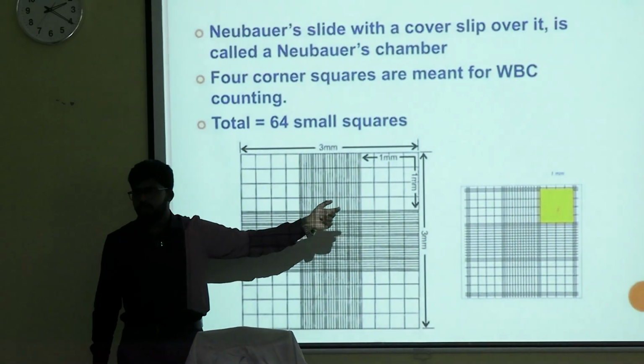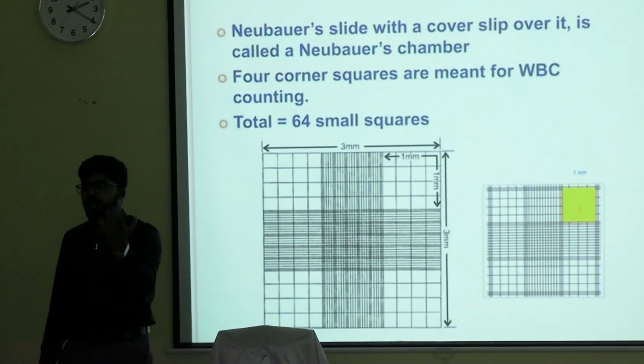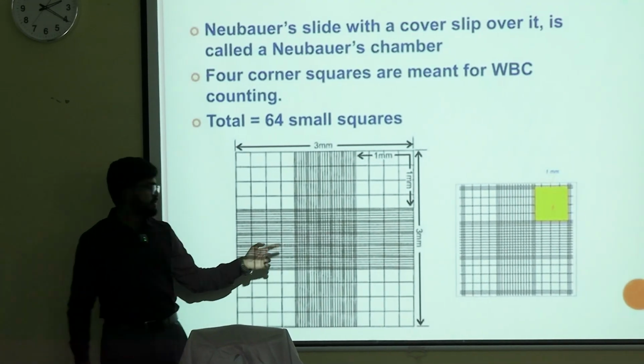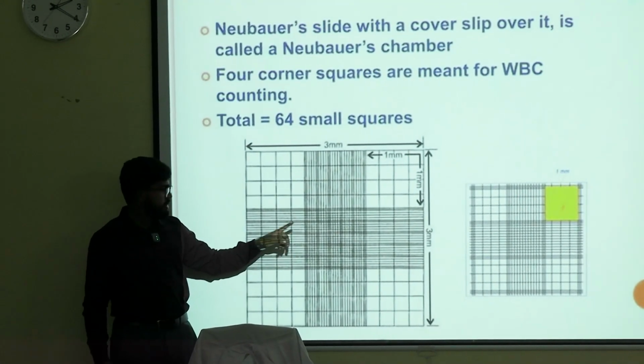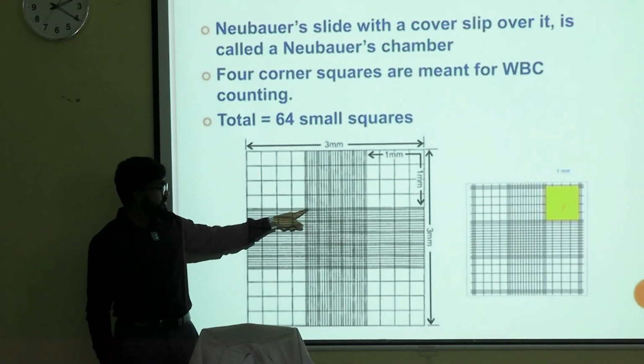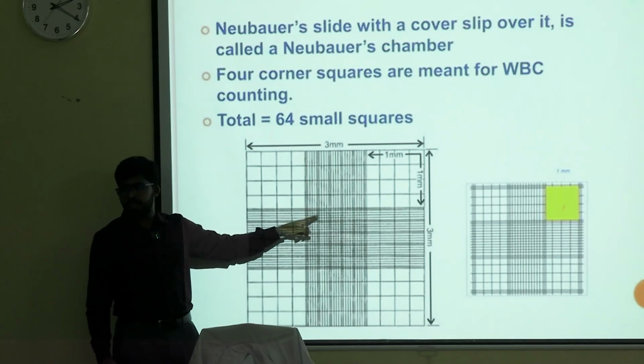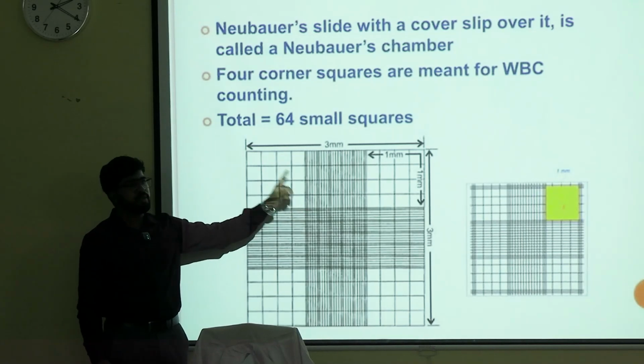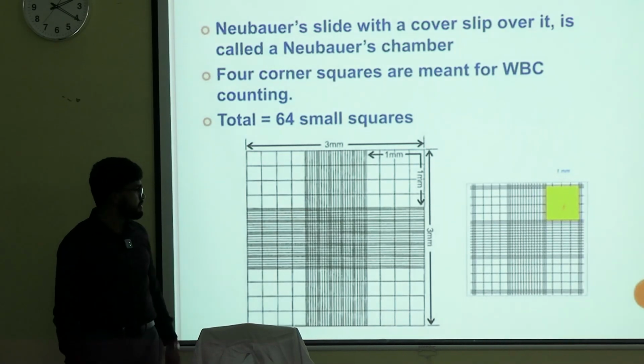Is it a small square, smallest square, or large square? Large square, no? This is a large square. Every large square contains how many? There are 25 small squares, and every small square contains 16 smallest squares.